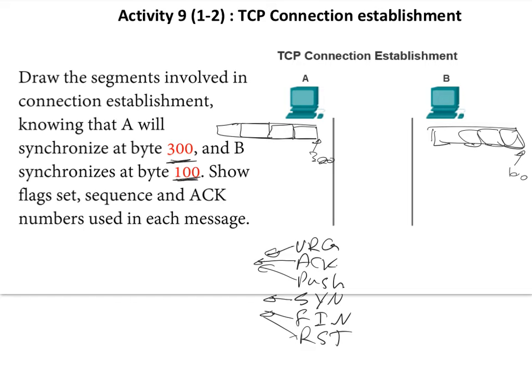So it sends back an acknowledgement with reset flag set to 1. I don't want to connect to you. I want to disconnect this immediately. Okay? The danger or the risk with reset, as opposed to fin, is that reset disconnects immediately. Even if you have any segments in the buffer, they will be lost.